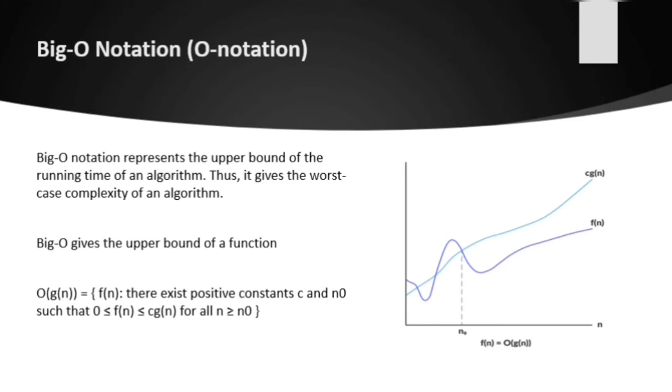For any value of n, the running time of an algorithm does not cross the time provided by O(g(n)) function. Since it gives the worst case running time of an algorithm, it is widely used to analyze an algorithm, as we are always interested in the worst case scenario.